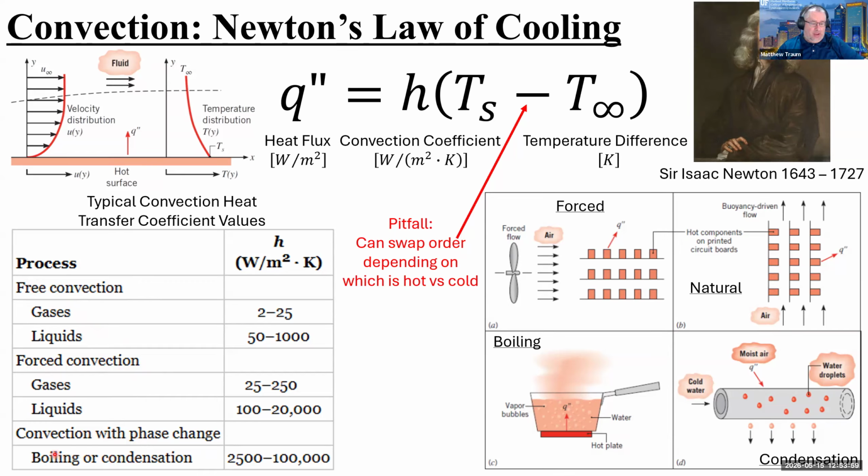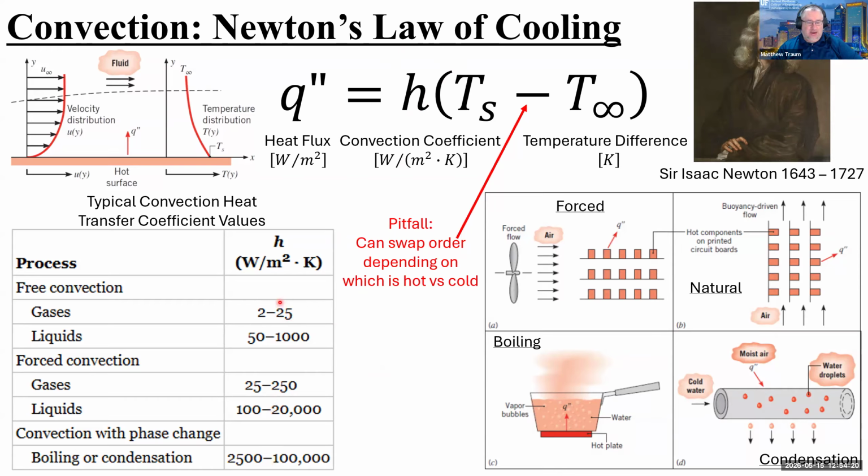So boiling and condensation. And these are typical values for those different modes of heat transfer. So remember that this is here and in the book, because when we get to the point where we're calculating these h values, it's always very good to go back to this table and confirm for yourself that the value that you get falls within these numbers.